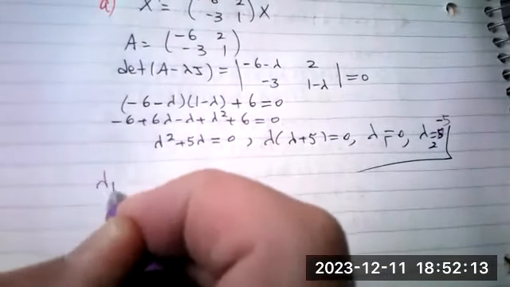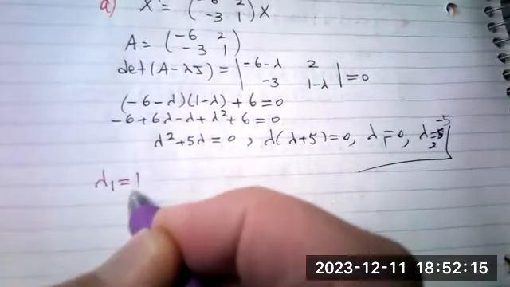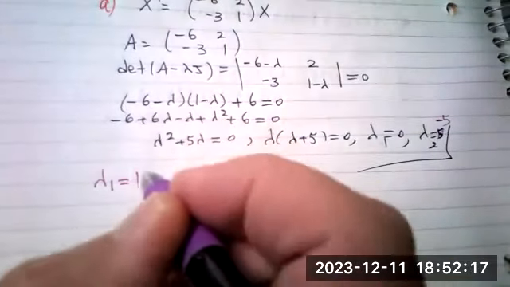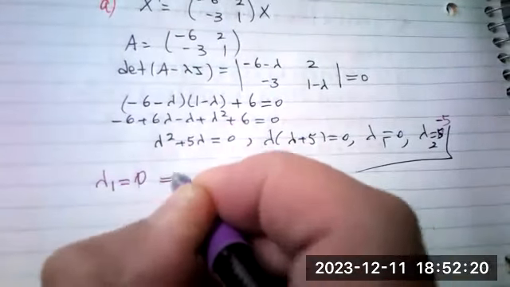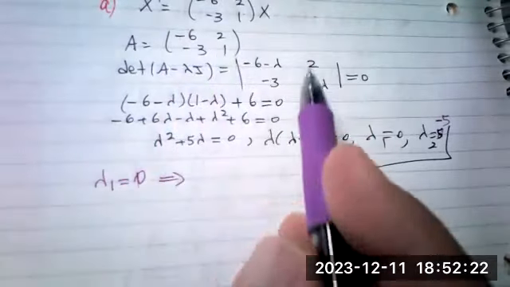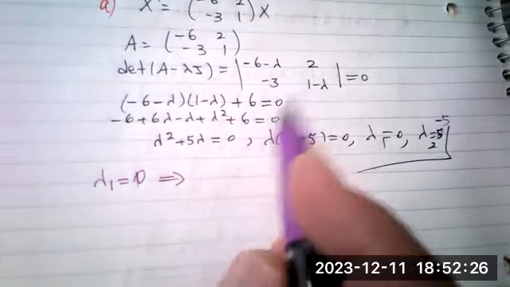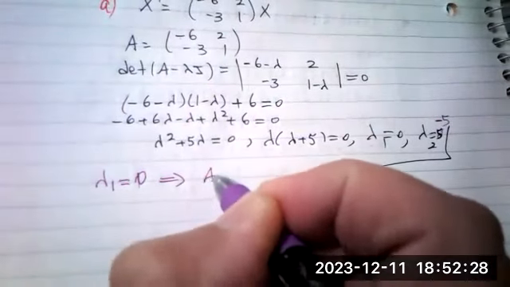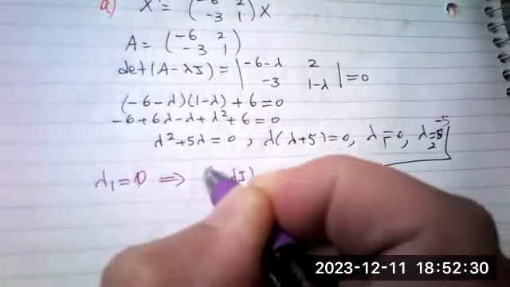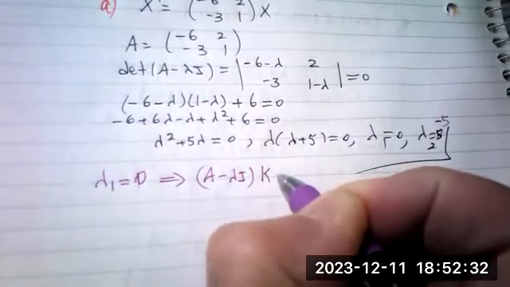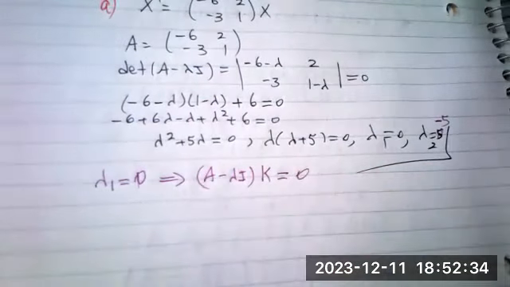So find a non-zero vector for lambda 1 equal to 0. You go to this matrix and you need to find the k. So we want to find A minus lambda I times k equal to 0. This is the idea.